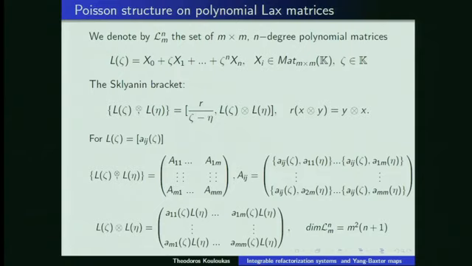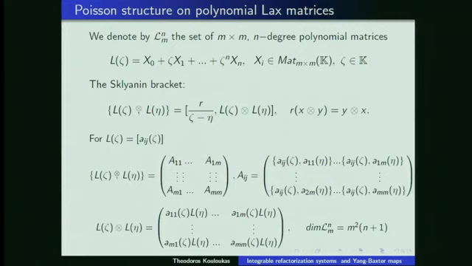So we consider polynomial matrices of degree n, m by m polynomial matrices. And the Sklyanin bracket is given by this formula here, where R is the permutation matrix. Here on the left-hand side, we have the Poisson brackets of the coordinate functions.